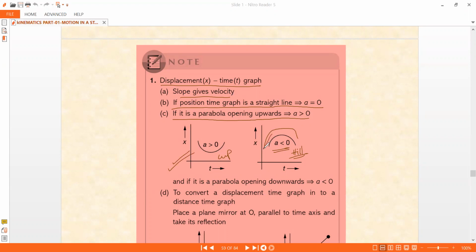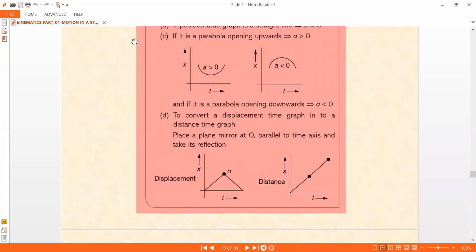You can check this by drawing the tangents at each point. The slope keeps on decreasing, and becomes negative at this point. In this one, initially the slope is negative, then 0, and again positive. Like this, you can draw the tangents and check very easily. If it is a parabola opening downwards, a is less than 0. So you can make a note of these things.